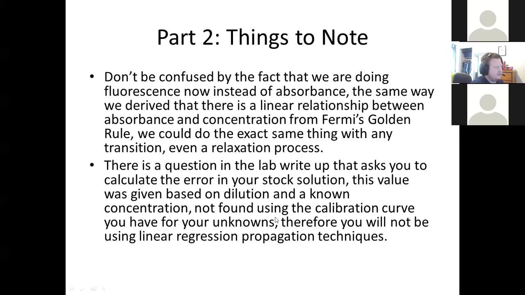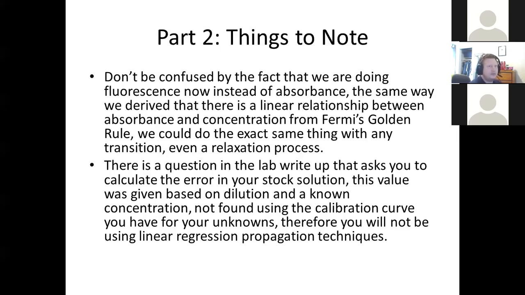There's a description of how to do that in Harris. And any statistics book or online source should be able to tell you how to do that properly, or we could talk about it in lab, but it's a lot easier than actually calculating it through regression. But that's what it's asking for in case you get confused.